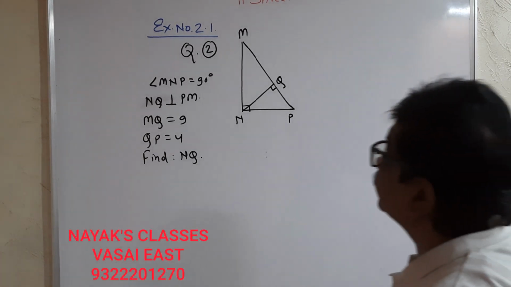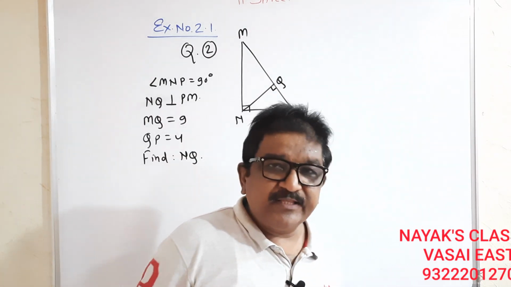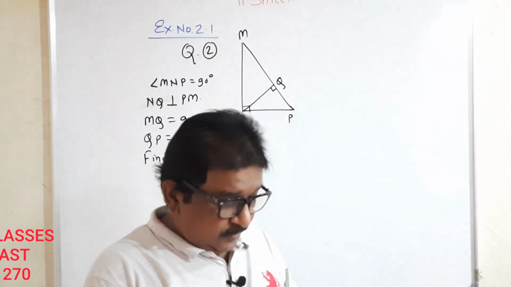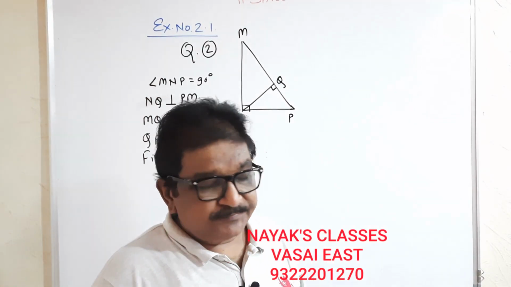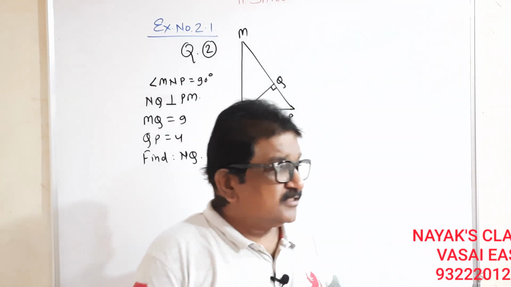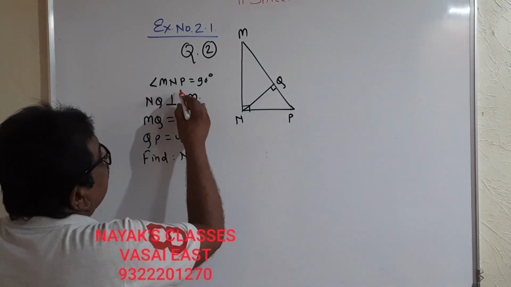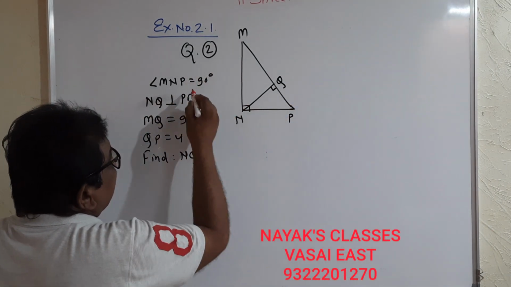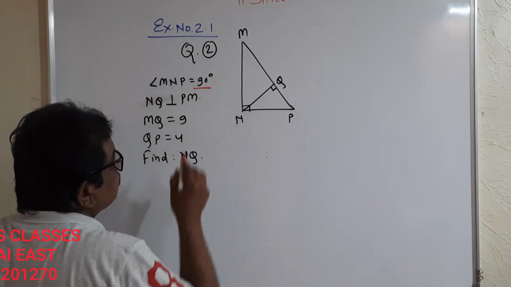So this is the second question. We have solved the Pythagorean triplets, and this is the second question from exercise 2.1. It says triangle MNP, angle MNP is 90 degrees.